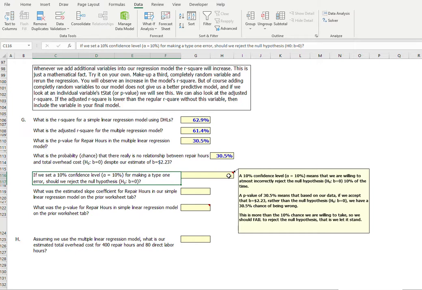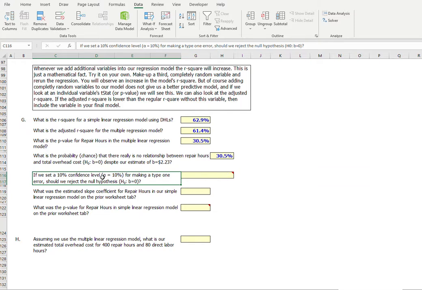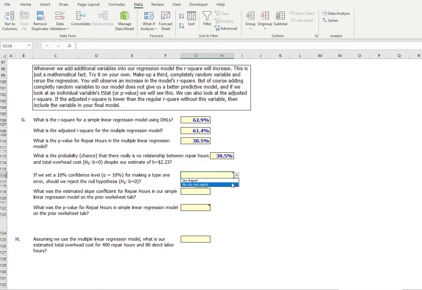And a p-value of 30.5% means that based on our data, if we accept that b is 2.23 rather than really being 0, we have a 30.5% chance of being wrong. And this is more than the 10% chance that we're willing to accept, our 10% alpha. Therefore, we want to fail to reject the null hypothesis. We don't accept that it is true. We don't use that wording. We fail to reject that beta is 0.